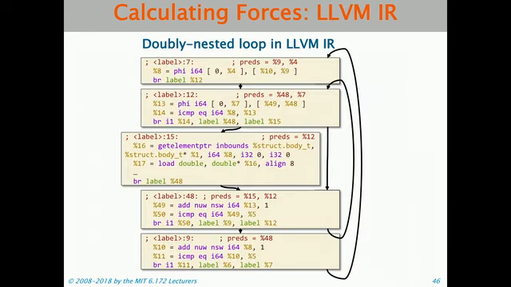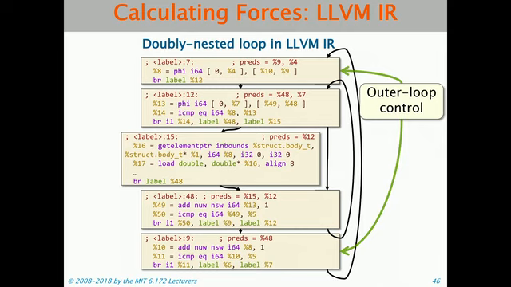If we translate this code into LLVM IR, we end up with, hopefully unsurprisingly, a doubly nested loop. It looks something like this. The body of the innermost loop has been elided just so things can fit on the slide, but we can see the overall structure. On the outside, we have some outer loop control.